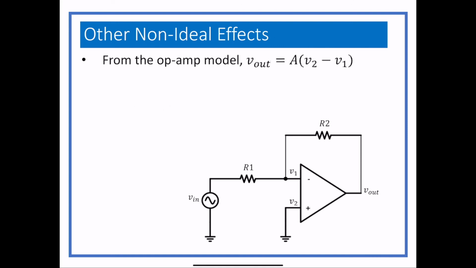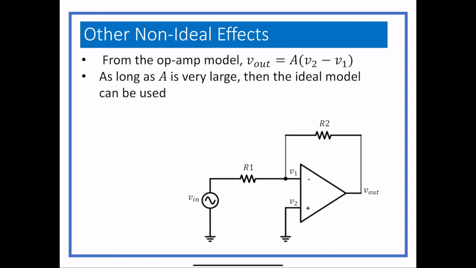V out is going to be whatever that open loop gain is times the difference between the two voltages, because they're no longer equal. So if A is really, really big, like 100,000, then it's really not going to have that much of an effect being finite. But what if it's 5? Then it's going to have actually a major effect on the output.